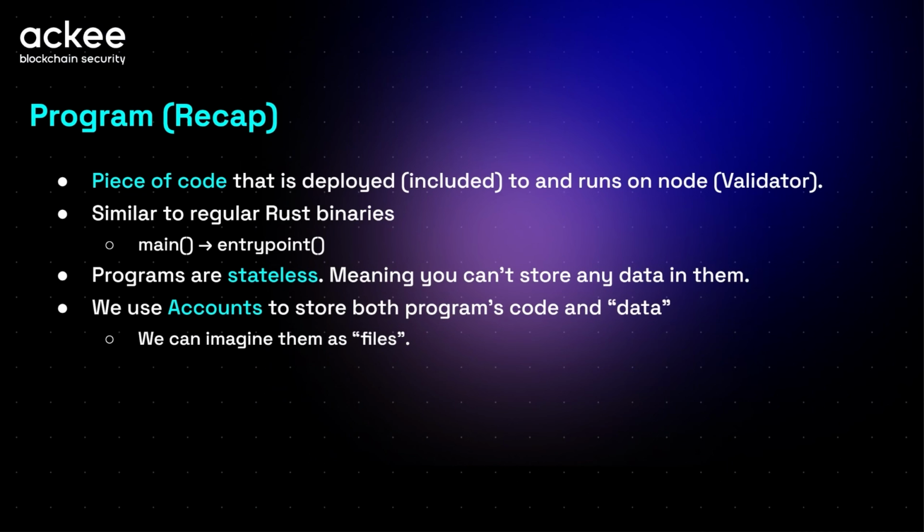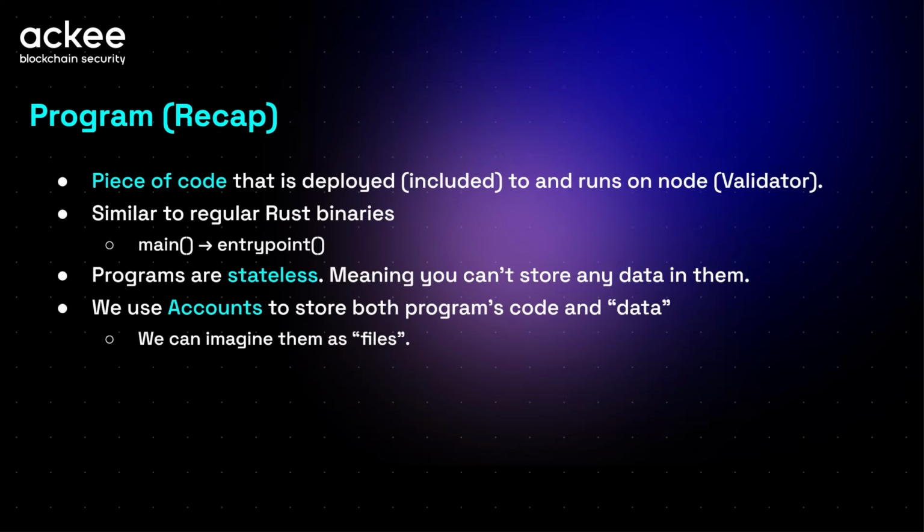In order to talk about Cross Program Invocations, let's quickly recap what programs on Solana are. A program on Solana is a piece of code that is deployed to and runs on a node validator, for example. We were also discussing RPC nodes, so you can simulate there.